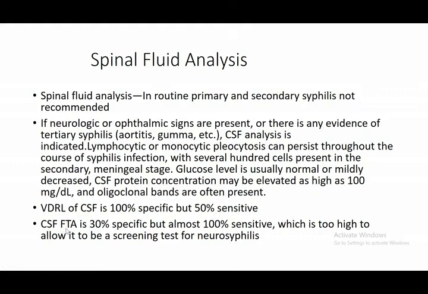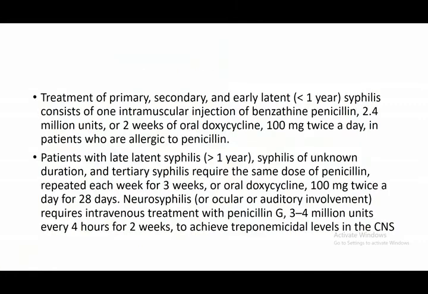While FTA, which is an antibody detection test, is almost 100% sensitive, its specificity is only 30%. This is too low a specificity for CSF FTA. So in CSF, the more important test is VDRL.